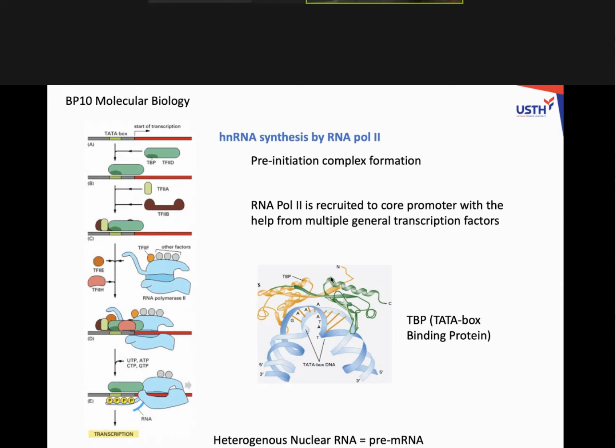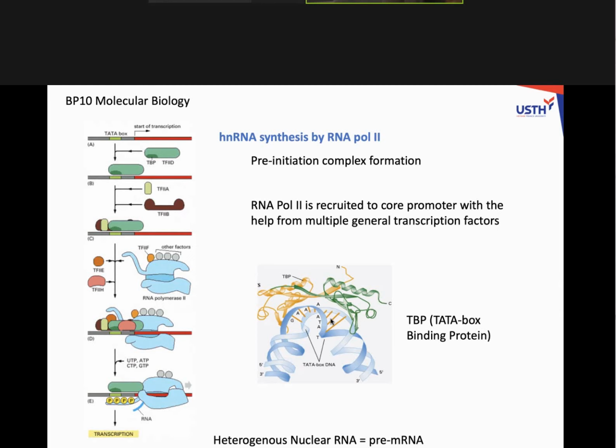And here I just put a schematic view of the interaction between TATA binding protein and TATA box, just to show you that it is not pol2 that interacts with DNA. And you see, actually, it's a dimer, the TATA box binding protein, and it directly interacts with the TATA box.